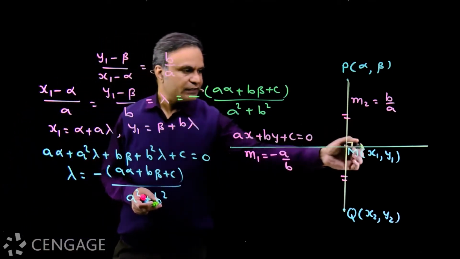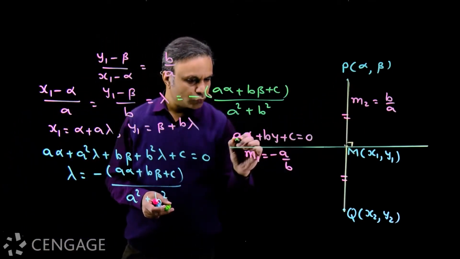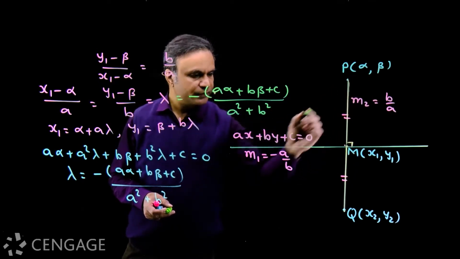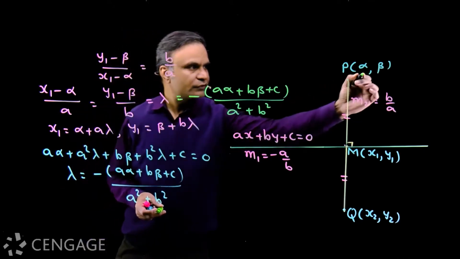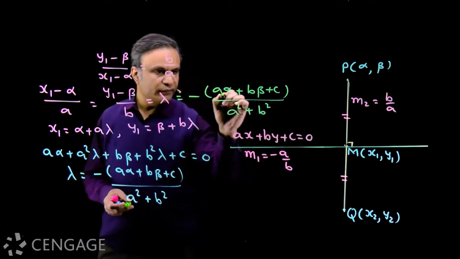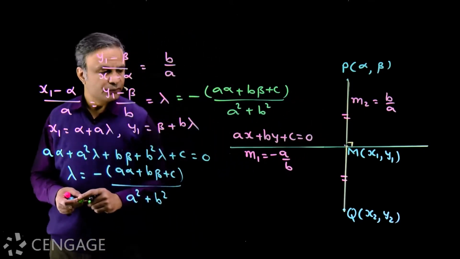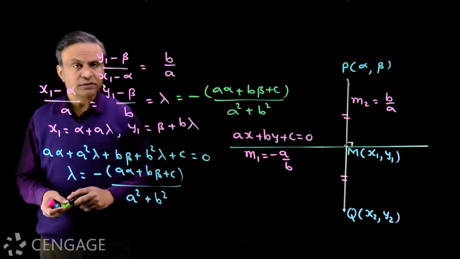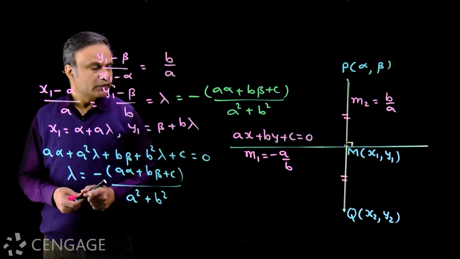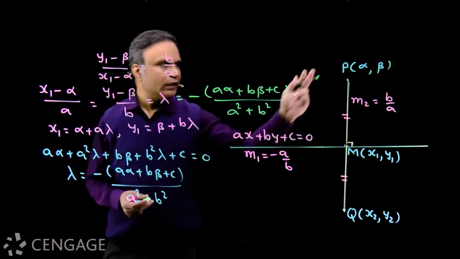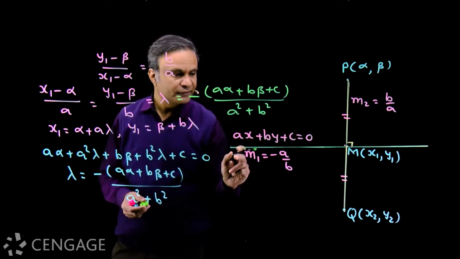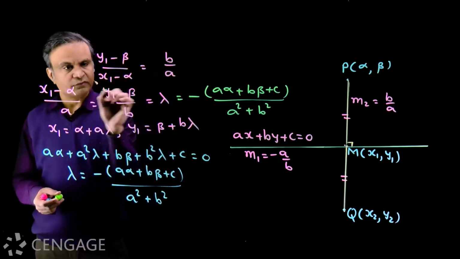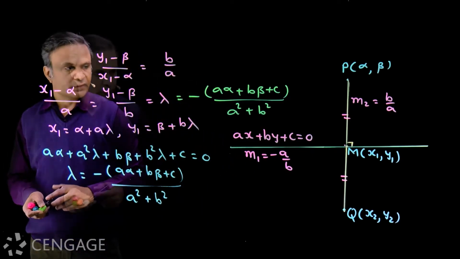We have x1 minus alpha over a is equal to y1 minus beta over b is equal to -1 multiplied by a alpha plus b beta plus c over a square plus b square. In the equation we will have the values of alpha, beta and the equation of this straight line, so we will get the values of x1 and y1.